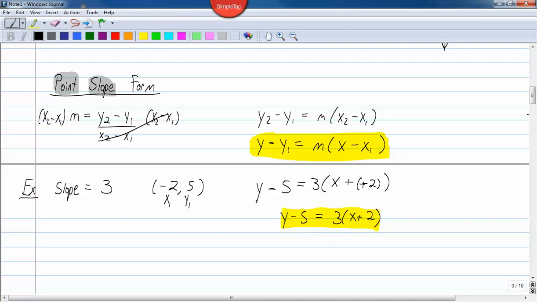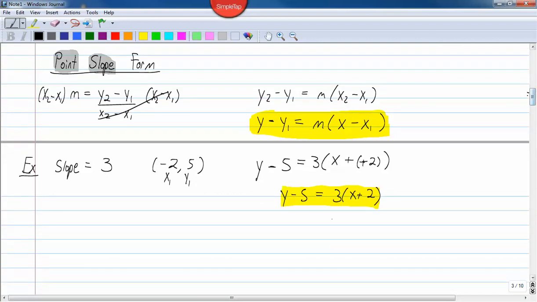The next form of the equation of a line is called the slope-intercept form. This is probably the most popular form. And we can get the slope-intercept form of the equation of a line from the point slope form.